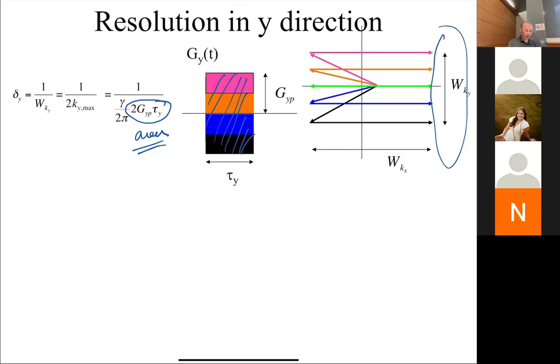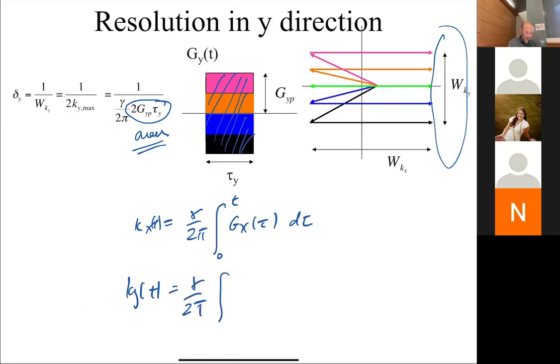It's always kx of t equals gamma over 2 pi times the integral of Gx of tau d tau, the area up to where you are in time. And ky of t equals gamma over 2 pi times the integral of Gy of tau d tau. As long as you have that in mind, MR design is really about playing around with these areas.